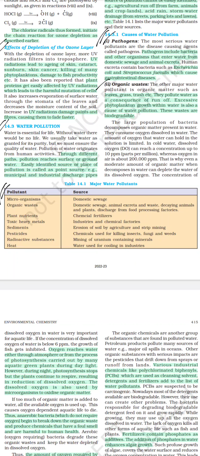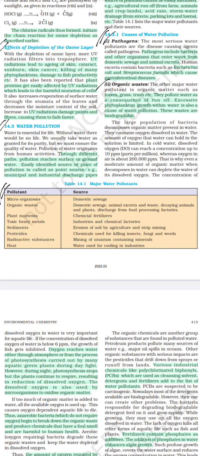Important major water pollutants and sources. Microorganisms: domestic sewage. Organic wastes: domestic sewage, animal excreta and waste, decaying animals and plants, discharge from food processing factories. Plant nutrients: chemical fertilizers.